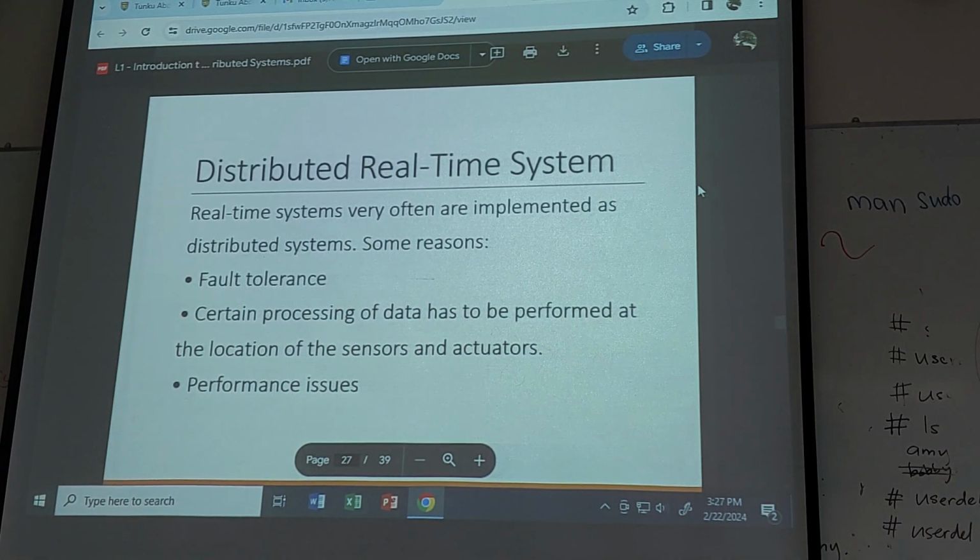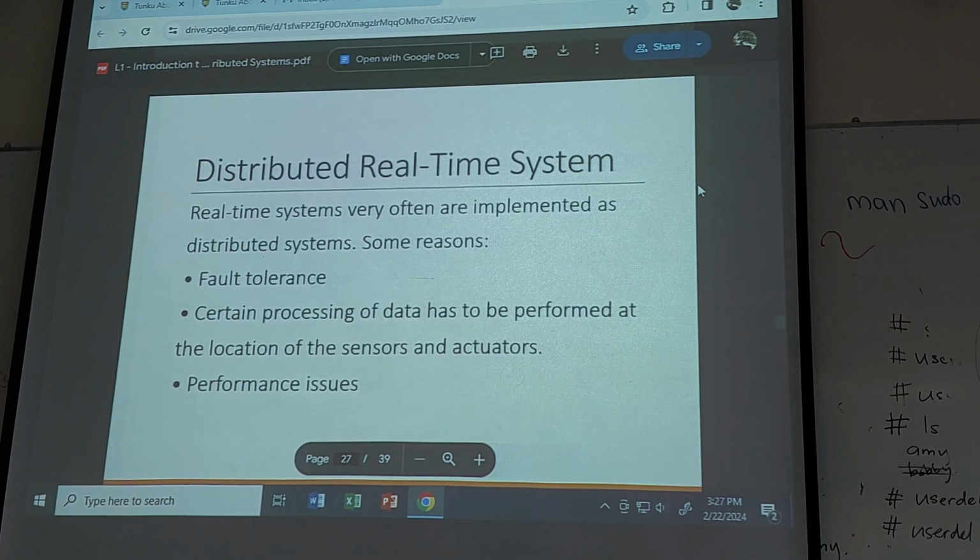So the sensor detects you have crashed into something, and then it sends that message to the server, and the server has to compute to find out whether this is real or not. And then if it finds out it's real, it sends back to your car, right, through Wi-Fi maybe, then only your airbag is expanded, but it's going to be too late already because it's not real time, right?